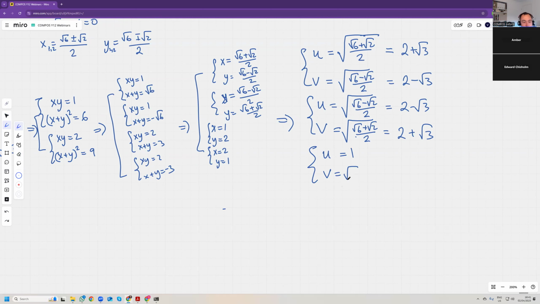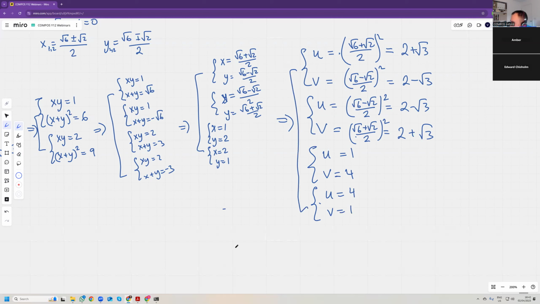Okay, then we have u equals 1, and v equals 4. Squared, not square root. I finally got it. Okay, so and then u is 4 and v is 1. Okay, that makes more sense. Sorry.